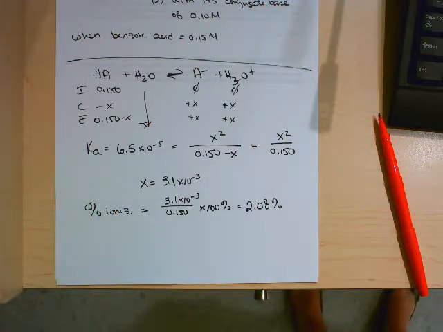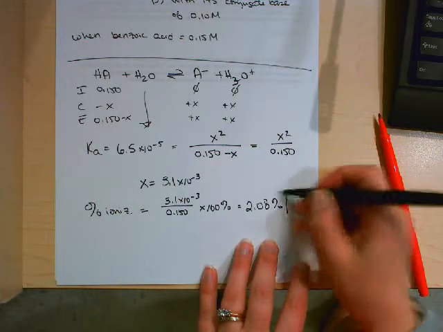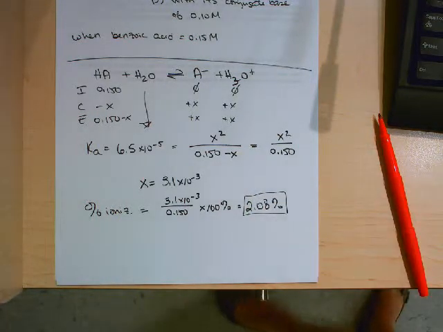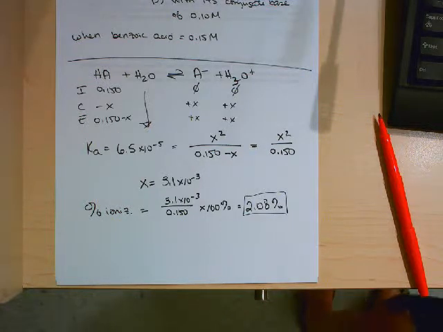Alright, so if this was a different kind of question and I said, does the 5% rule hold? Is X small a good assumption? What would you say? Yes, it's a good assumption, right? 2 is less than 5, so good. In this case, it's asking for that value. It was asking for the percent ionization, just 1.2%.